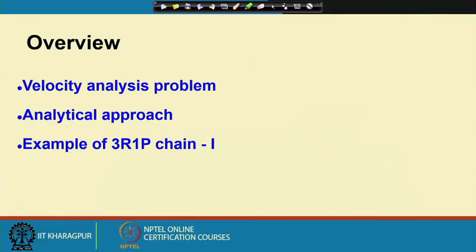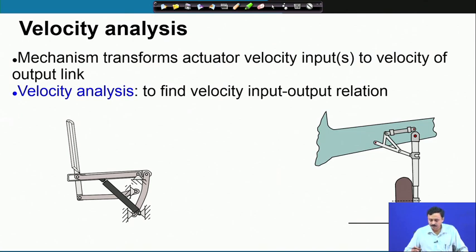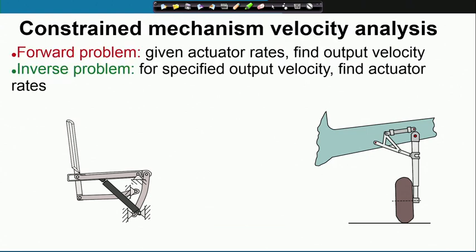To give you the overview of what we are going to discuss in this lecture, we are going to take the analytical approach for velocity analysis with the example of the 3R1P chain of type 1. We have already defined this velocity analysis problem, which is to determine the input output velocity relations.